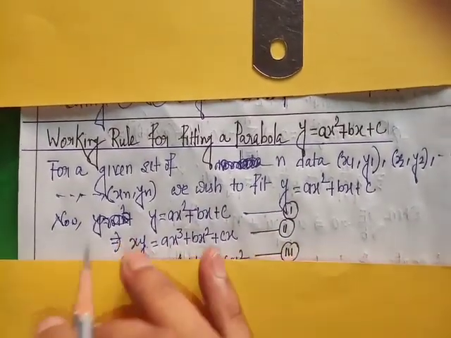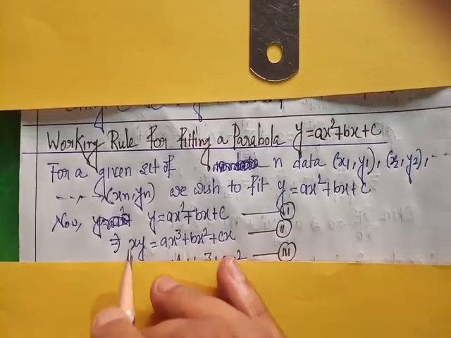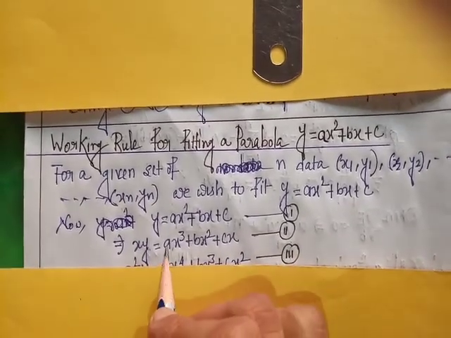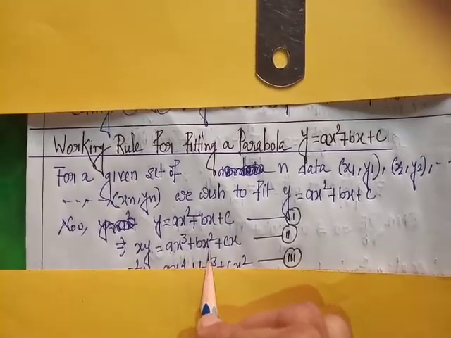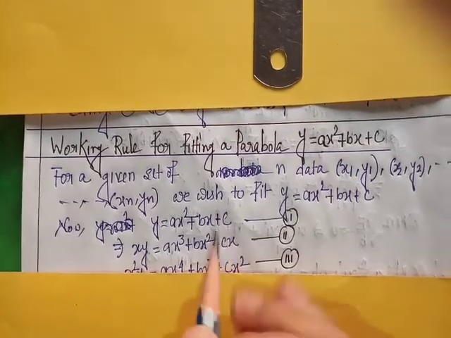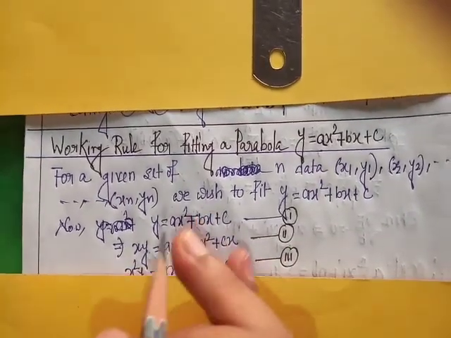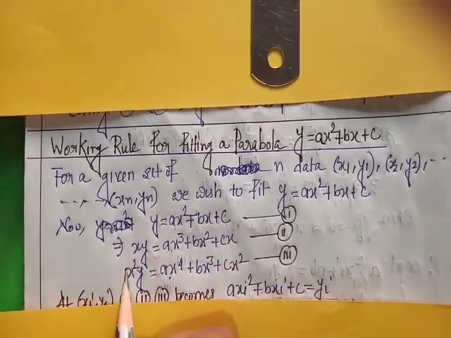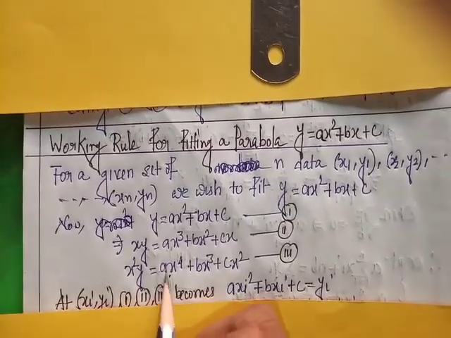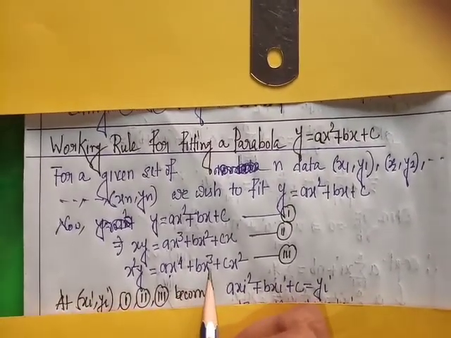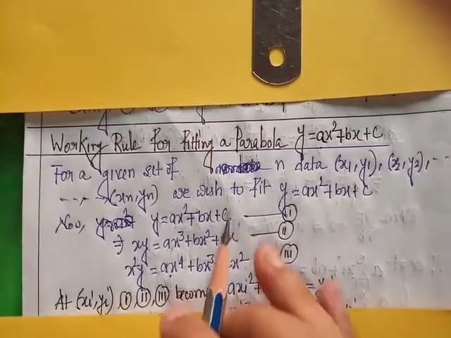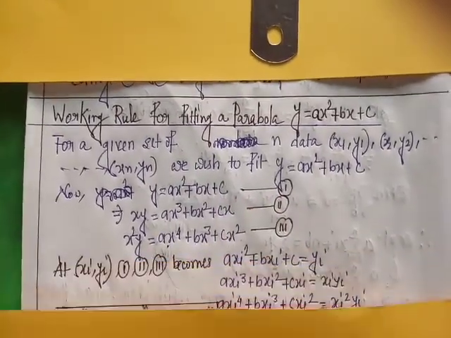First, multiplying both sides by x, we get xy = ax³ + bx² + cx. Then again multiplying both sides by x, we get x²y = ax⁴ + bx³ + cx².